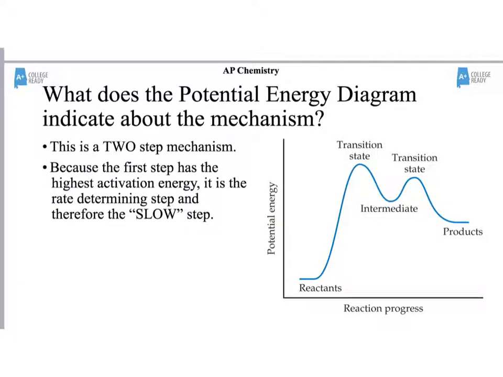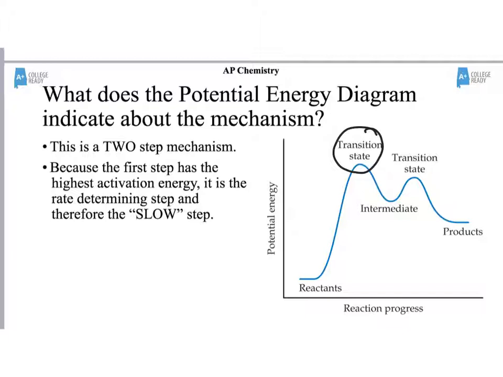So what does the mechanism tell you? Well, if you look at the potential energy diagram, it tells you basically where the slow step is. So this is a potential energy diagram of a two-step mechanism. And if you look at the two-step mechanism, because the first transition state has the highest activation energy, that tells you that's the slow step.